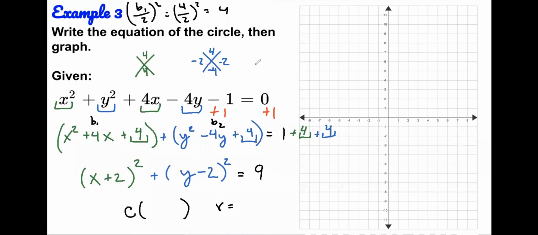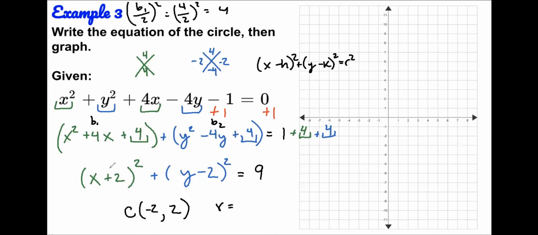You guys remember we had the standard form. Let's see, x minus h squared plus y minus k squared equals r squared. What would be my center? The coordinate to my center. And that would be correct. Negative 2 and positive 2.